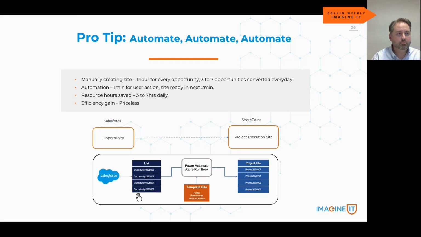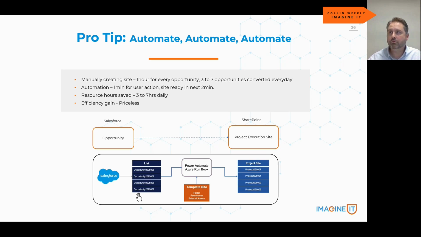They won that opportunity, and after they won it, they needed to create different sites, right? They created a SharePoint site. They needed certain folders. They needed documents, different templates in these different folders. And so essentially, we used a Power Automate automated process to run from opportunity through project execution.